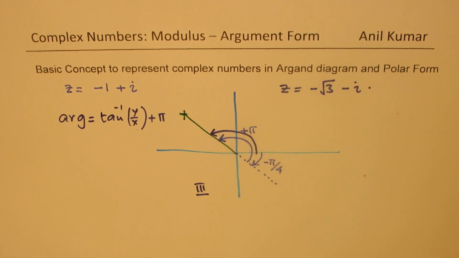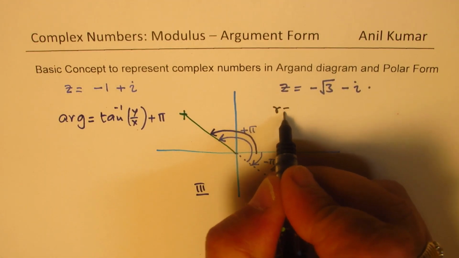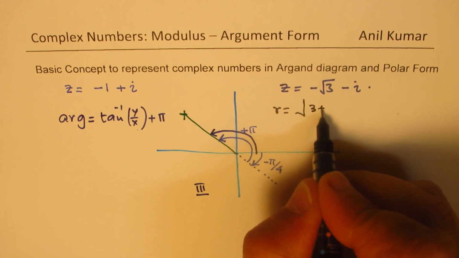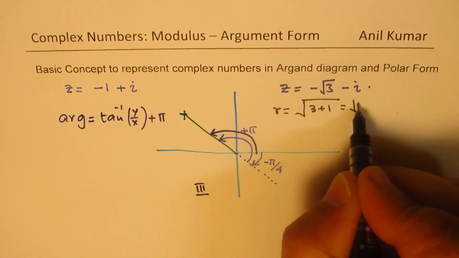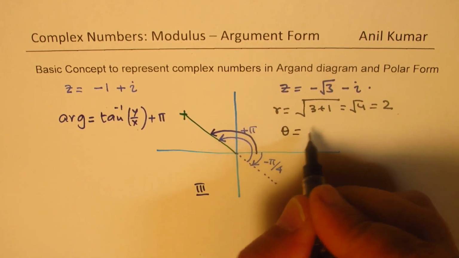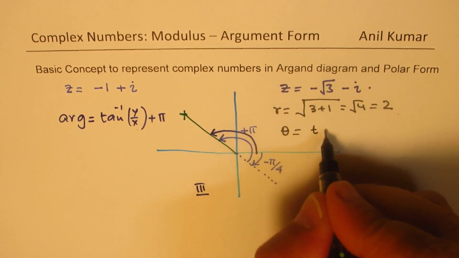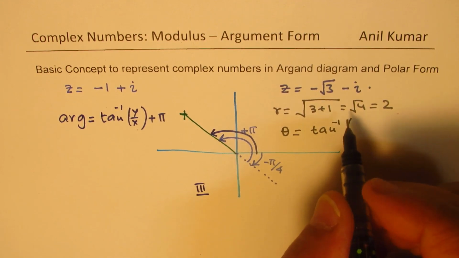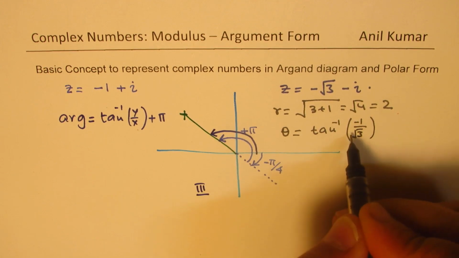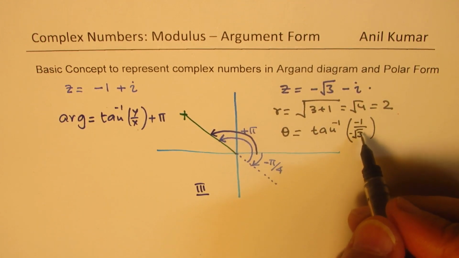So in that case, if we again work out, then r will be equal to square root of this square plus this square, which is 3 plus 1, which is square root of 4, that gives you 2. As far as theta is concerned, when you calculate, you will get tan inverse of minus 1 over minus square root 3, with a negative sign, both positive, right?